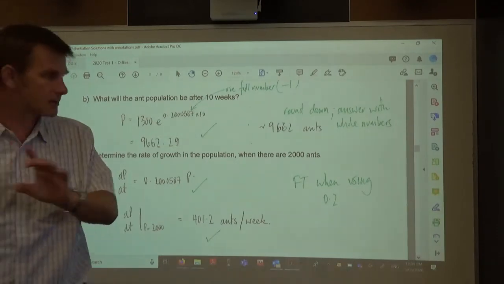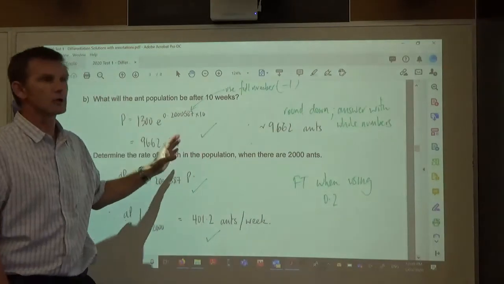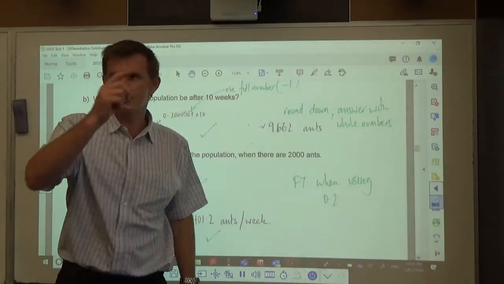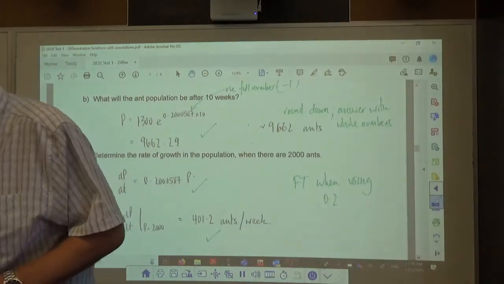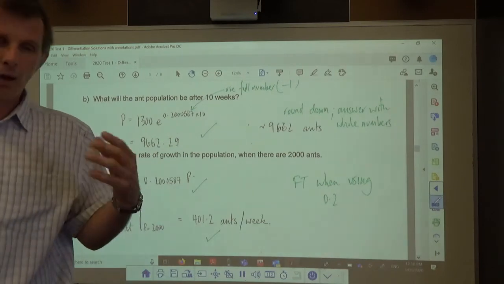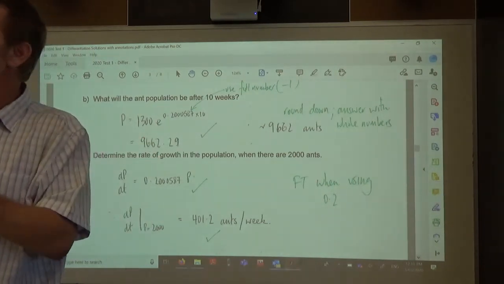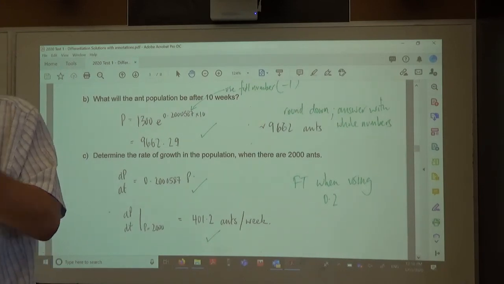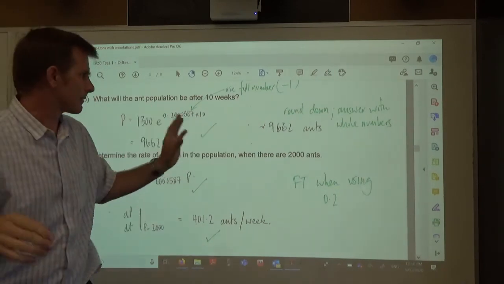Now, in practice, with these sort of questions, whether you answered 9662 or 9663, you're probably going to get the mark anyway. Another way is a little description to say, something like, rounded down as 0.29 of an ant is a dead ant. Something like that will be good.